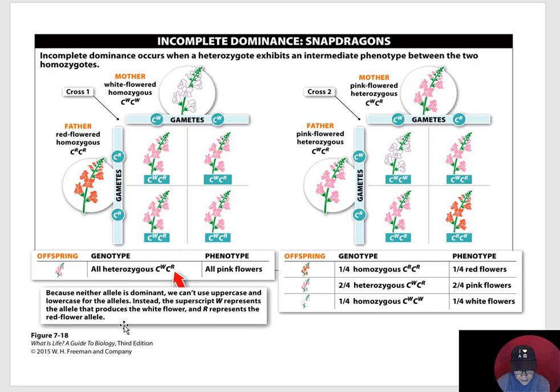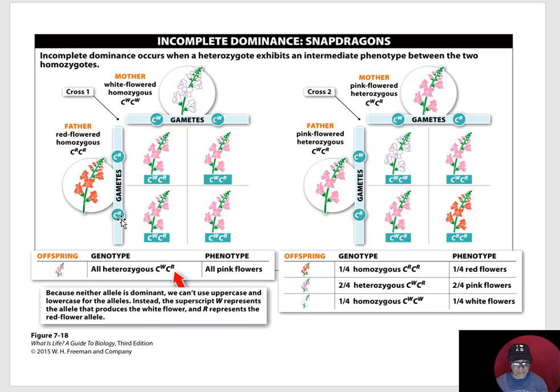So same thing, because neither allele is dominant, we cannot use uppercase and lowercase for the allele. Instead, the superscript W, which is being used here for this gene, represents the allele that produces the white flower, and R represents the red flower allele. And so the discoverers of the individual genes that we're talking about will give them the letter that will signify that gene.